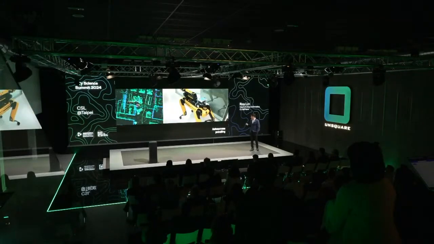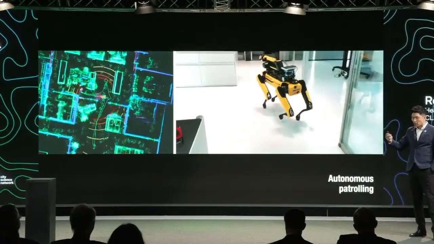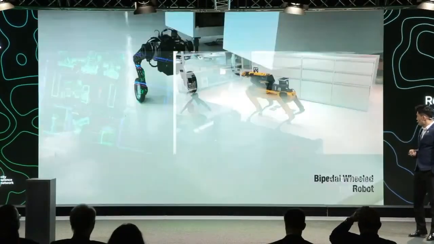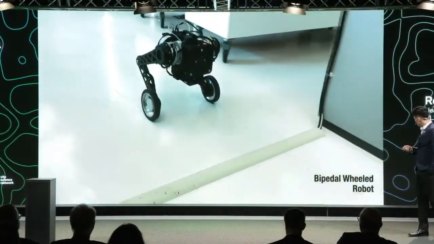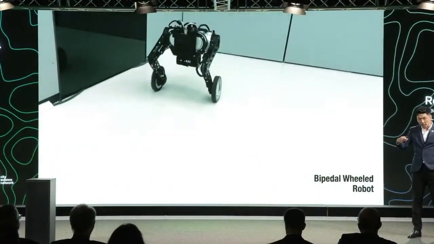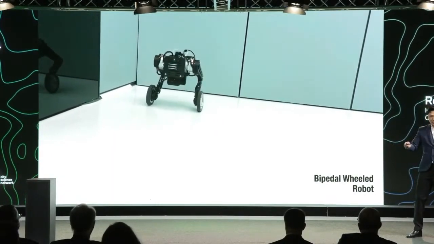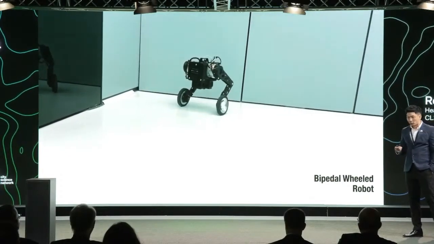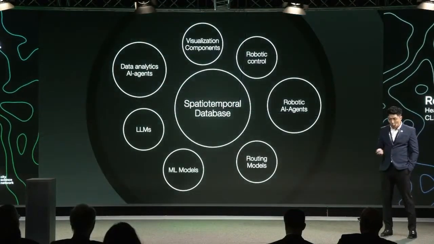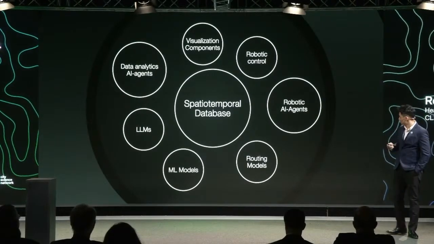And with a more interactive interface, we're hoping to use AI to do multi-robot fleet control or task automation. And lastly, we have these bipedal wheeled robots. They're designed for more sophisticated, complex urban environments to move faster and more agile, and two of the robots can actually combine together into a quadruped bot. So this is the core of our AI assistant structure.